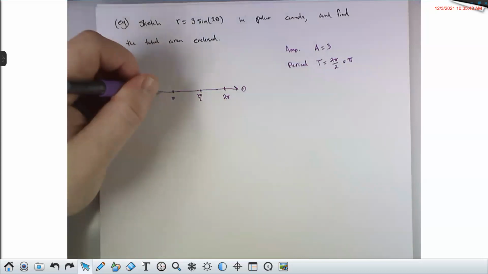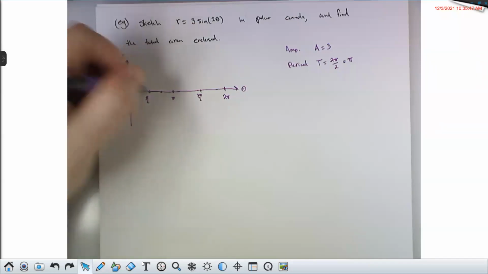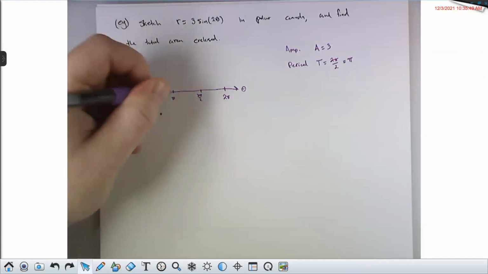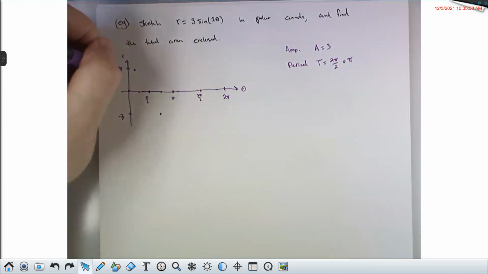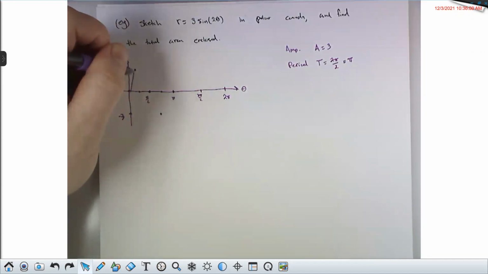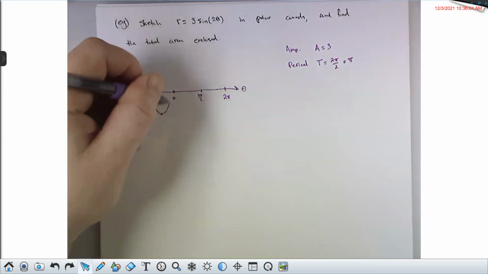So let me mark off quarter periods as well. Oh, sorry, the amplitude here is 3, not 1. Let's change this to 3s. So it's going to look like this. From 0 to pi, there's 1 full cycle.